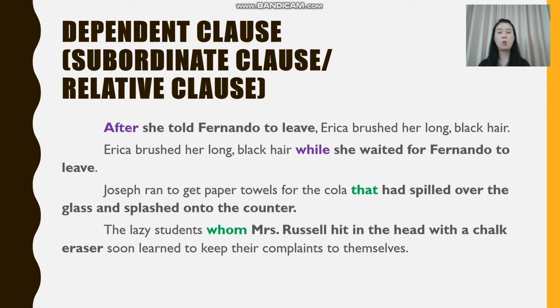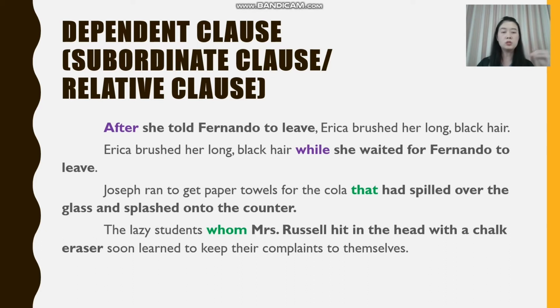Okay, what about the next one? "Erica brushed her long black hair while she waited for Fernando to leave." The first part, "Erica brushed her long black hair," is the main clause, right? And then we are using the word while, a subordinating conjunction, to introduce this clause.